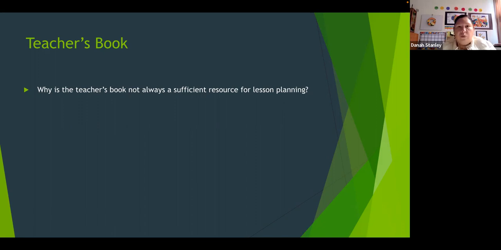Not always the teacher's book is everything. We have experience, we have other materials that can be used in order to enrich. And as I said before, the books are made for general groups, and we need to observe the characteristics of the group we are working with and spot the needs, the strengths, and know exactly where they are in the level and where I need to take them.